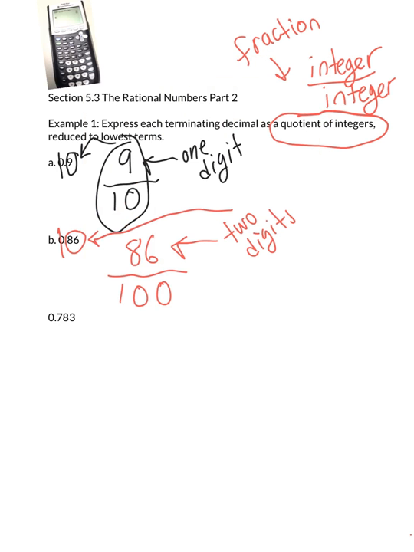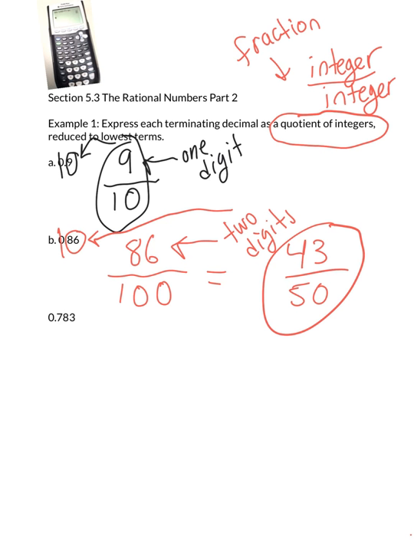So I'm going to jot that down, equals 43 over 50. What's nice with these types of questions is you could check that your answer at the very least is conveying the same exact decimal. If I typed in 43 divided by 50 and hit enter, that is 0.86.